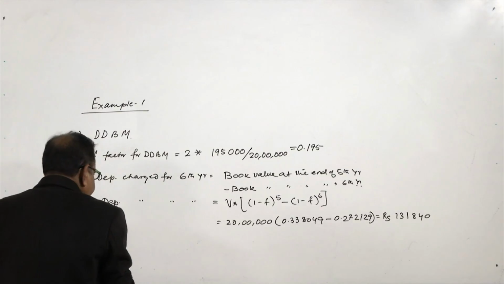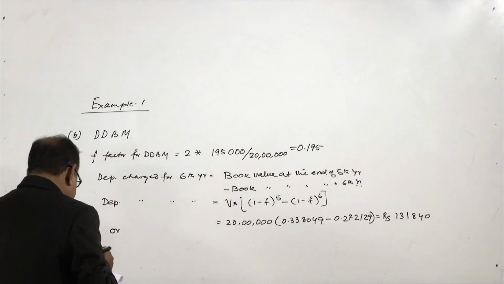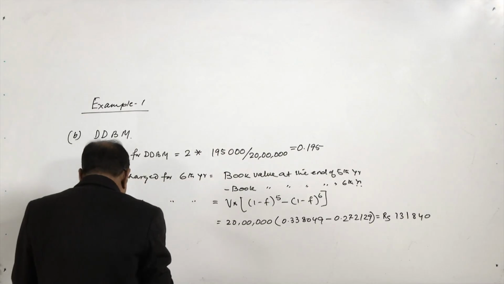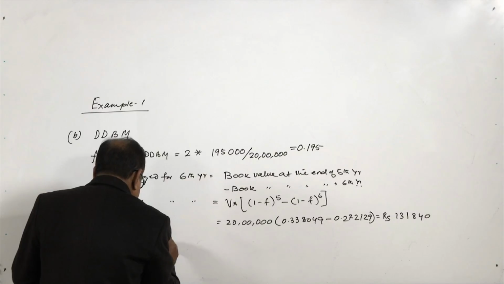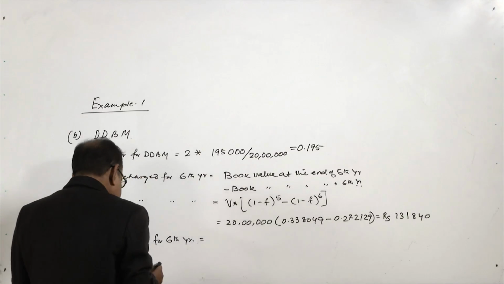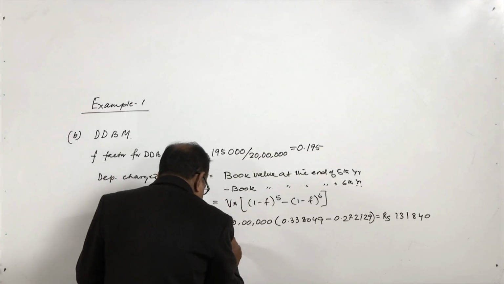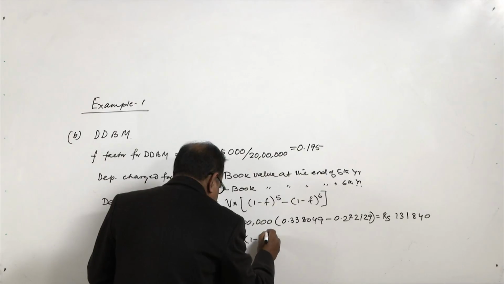Or in a different way we can solve this problem also. Now depreciation for 6th year is equal to F into V into (1 minus F)^5.